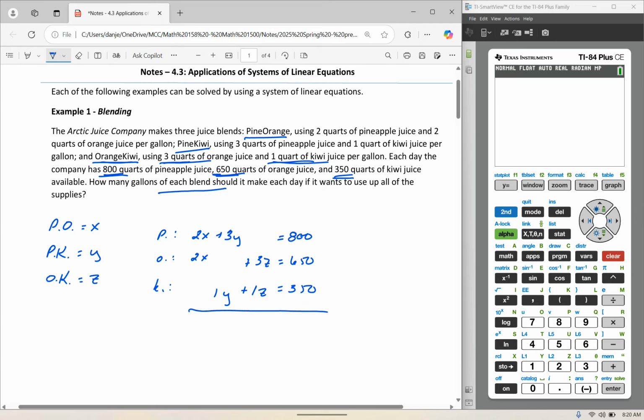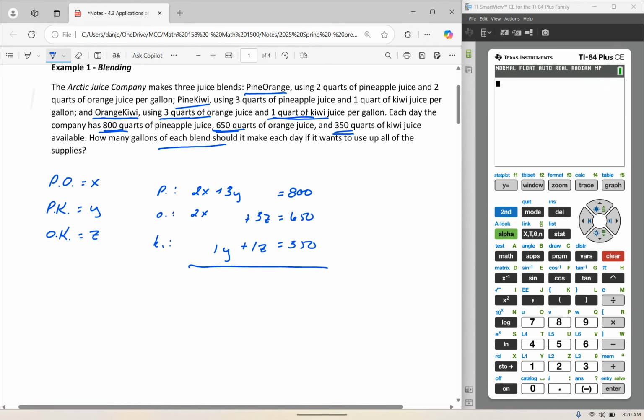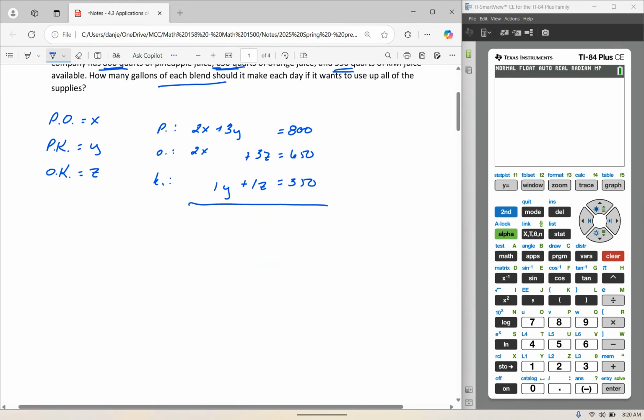And now I need to solve that system. Quite honestly, I choose to solve the system algebraically. We know that 2x plus 3y equals 800, and we know that 2x plus 3z equals 650.